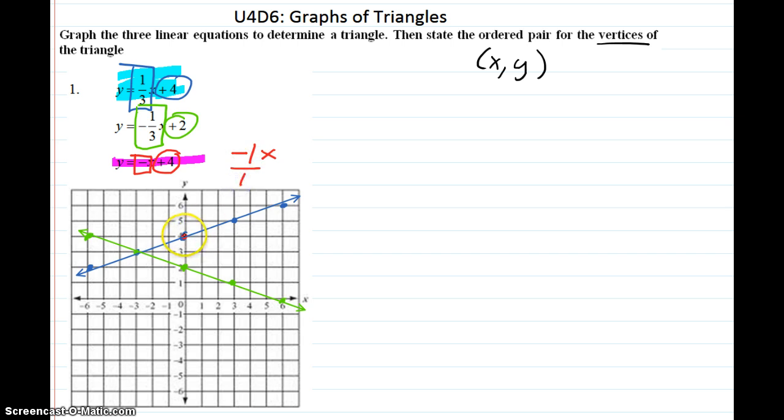So go here, and now go down 1 to the right 1, down 1 to the right 1. Okay, and so now let's graph this line. And what happens is these three lines are going to cross, and they make this triangle here.